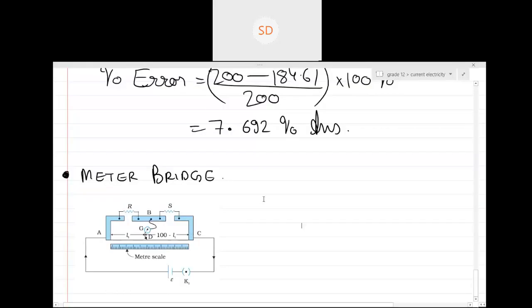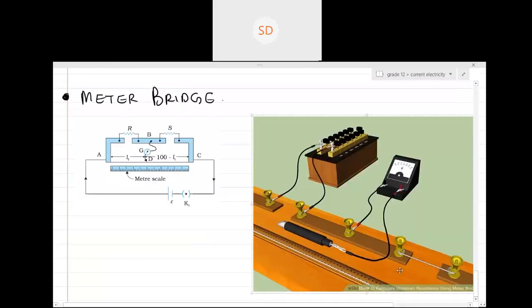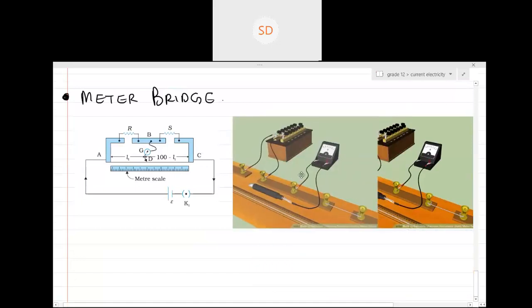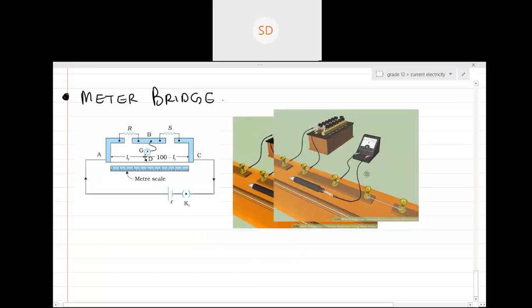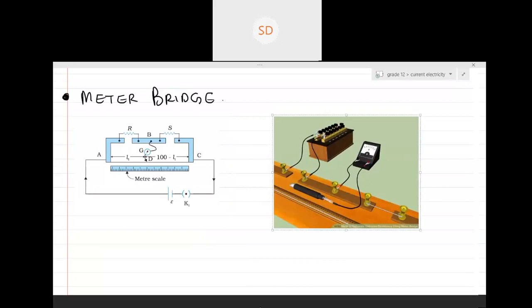I will do one more. Copy image. Let me just post all the pages.